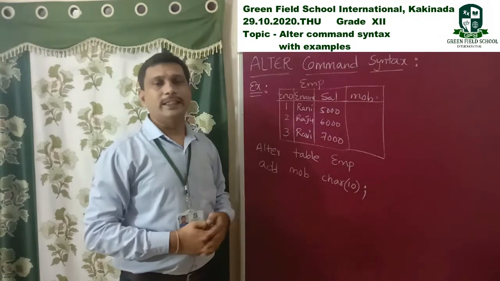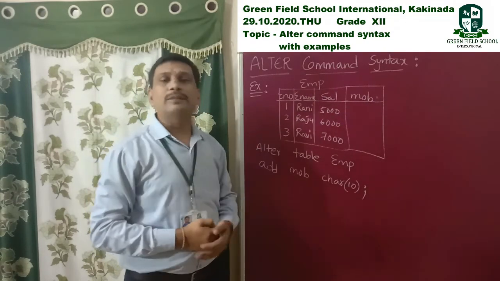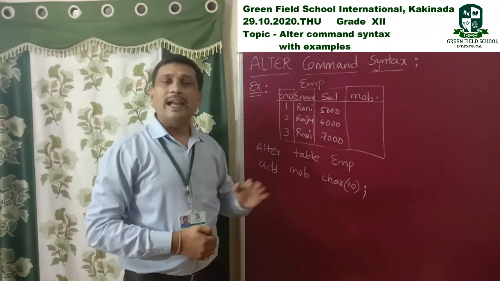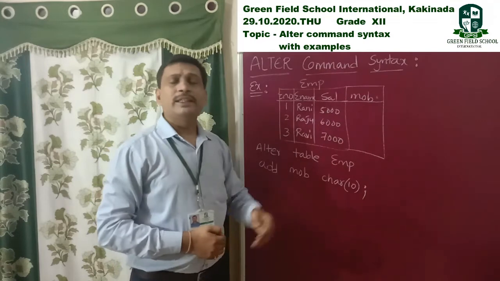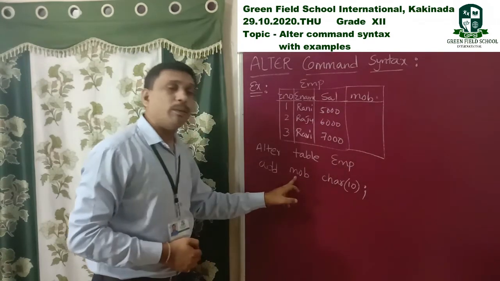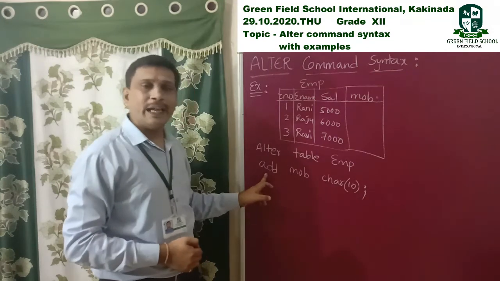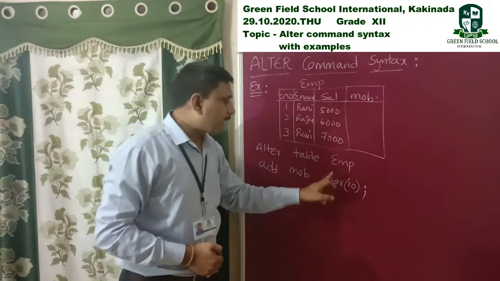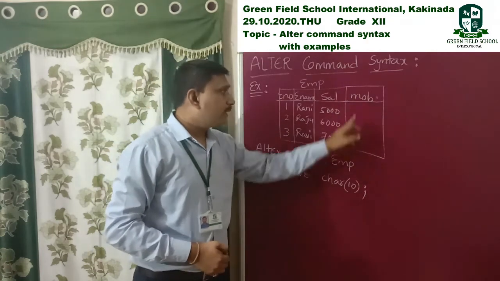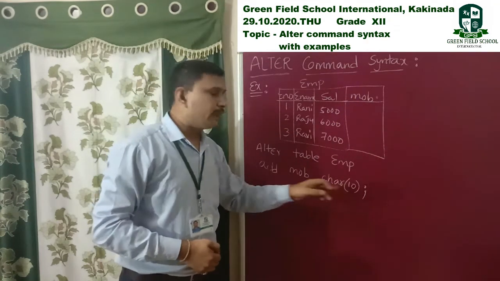by using ALTER TABLE, the database table structure changes. Up to now only 3 columns are there. Here I add one more column, that is the mobile number column. I specify the mobile number column with the ADD option, with the data type character of size 10.